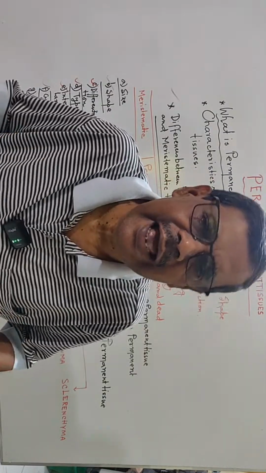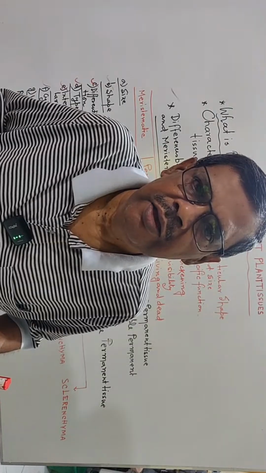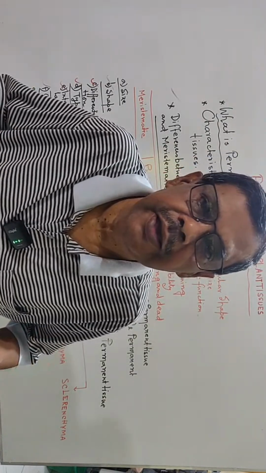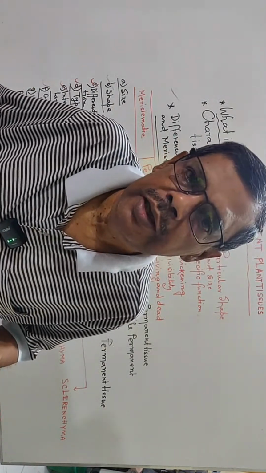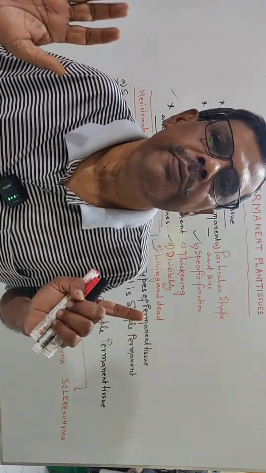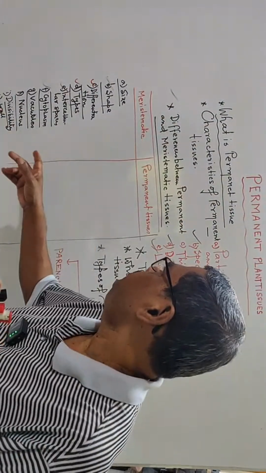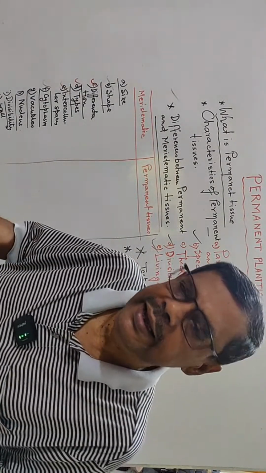They can give mechanical strength, etc. Meristematic tissue is always living, but permanent tissue may be living or non-living. So, meristematic tissue and permanent tissue are different in several criteria.